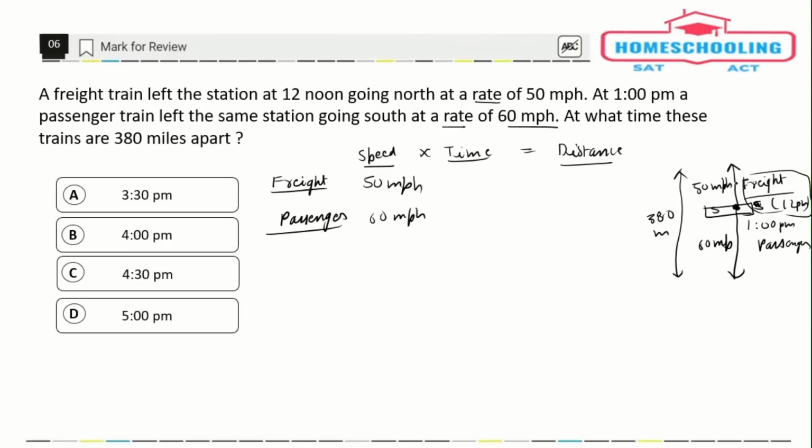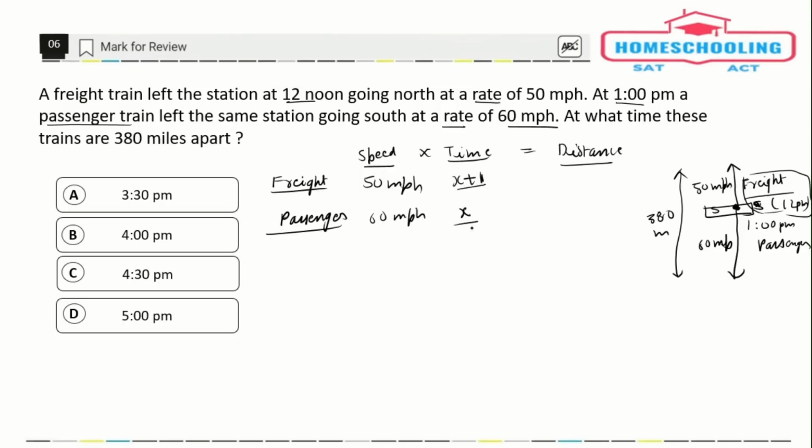The freight train started traveling 1 hour before. So if the passenger train takes x hours, then the freight train, because it started 1 hour before, will take 1 hour more, so x plus 1. That's why we are adding 1 hour.